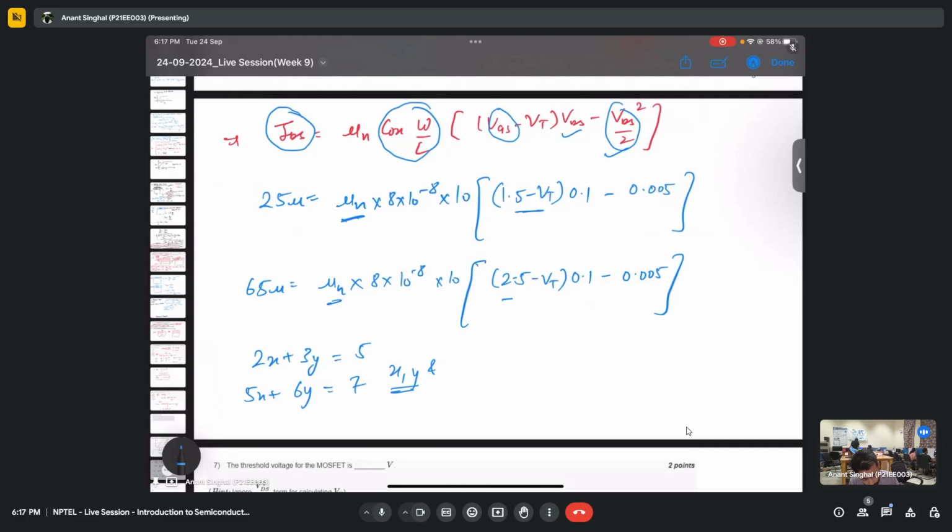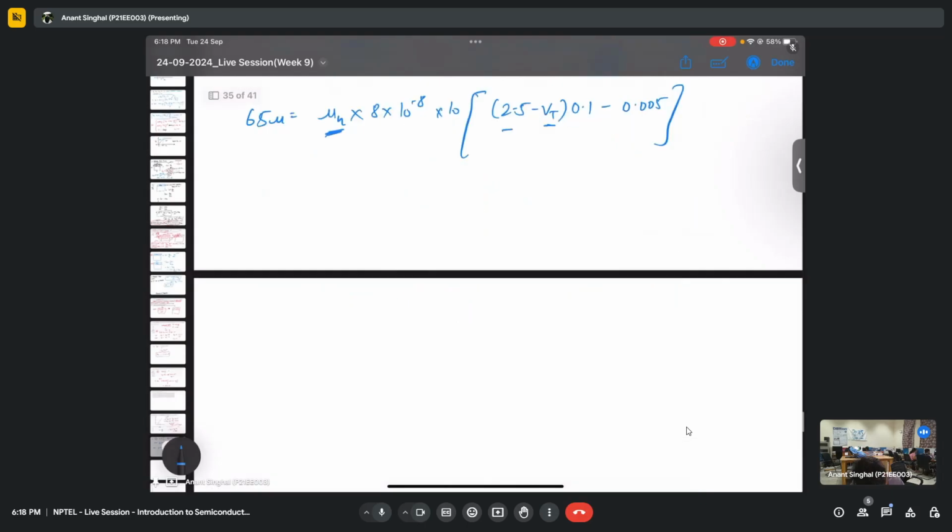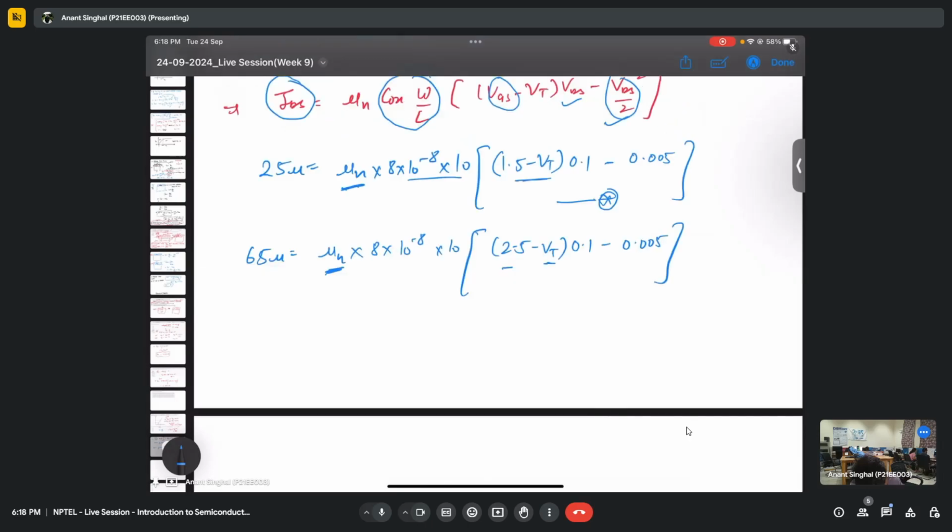So maybe I can also calculate side by side, that will give more clarity to you. If I talk about this equation first, so 2 minus something is there. Let's say this is 10 raised to minus 7, and I can write the first equation, 25 micro is minus 6.